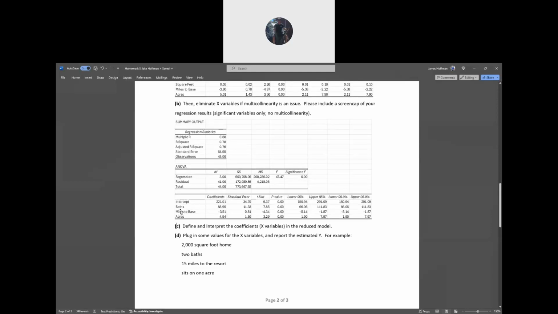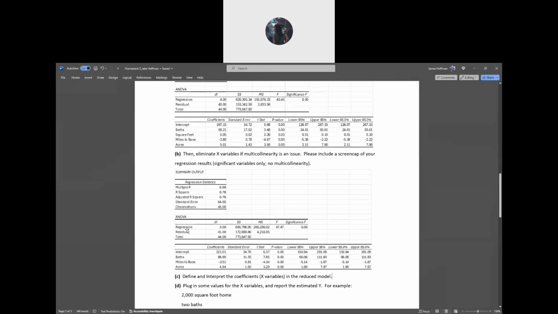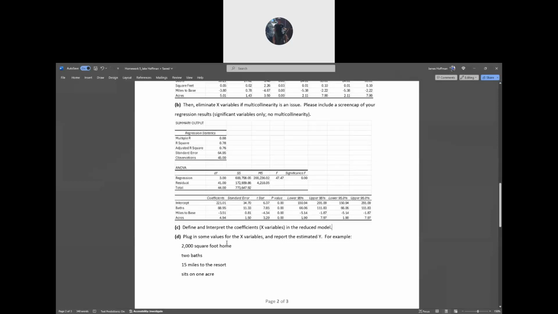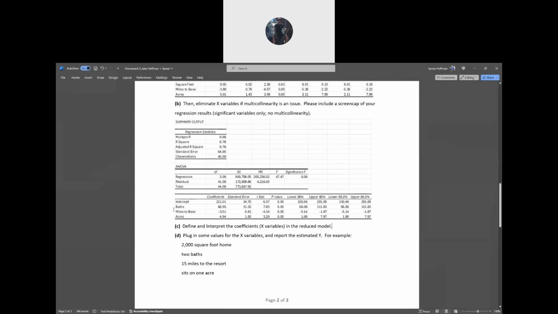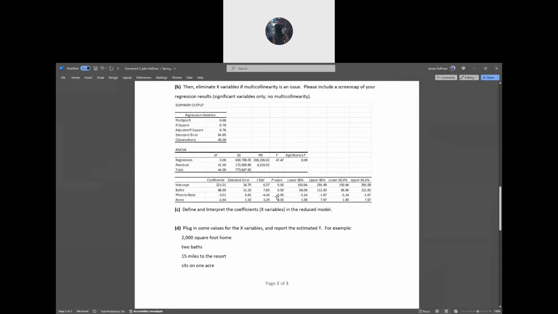Now define and interpret the coefficients in the reduced model. So let's just stick with this one because there's less. Okay, so we see our coefficients, they're listed right here, so we don't have to go far. I'll just do each one individually.